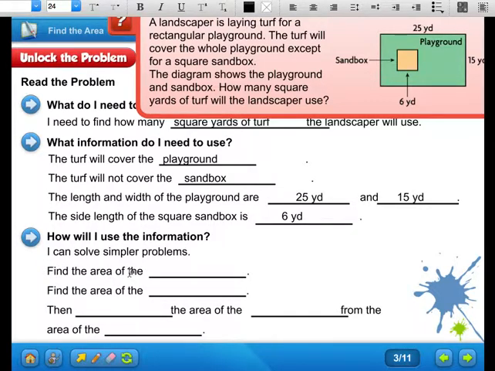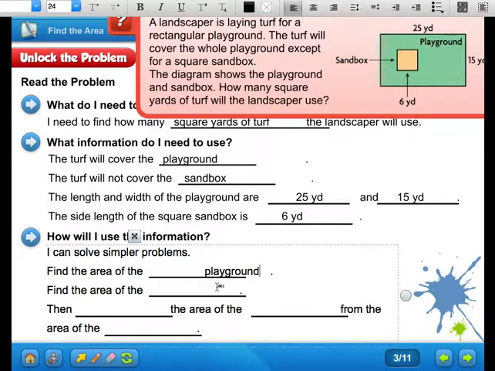Find the area of the blank. What would I find the area of first? I could find the area of the playground. And then I could find the area of the sandbox.